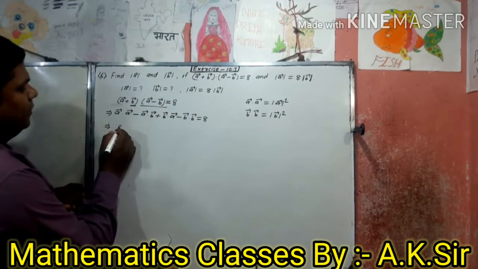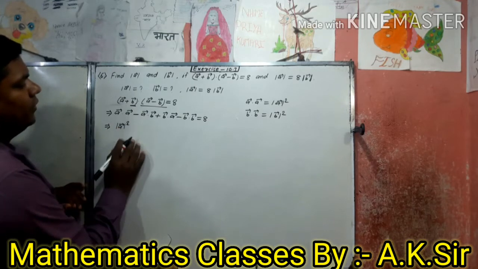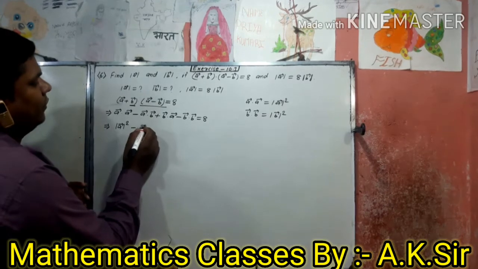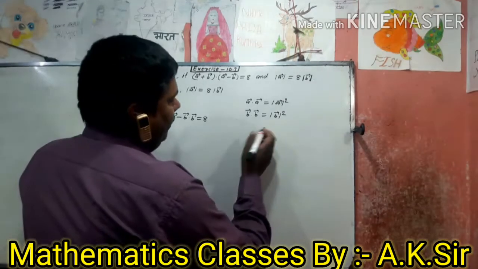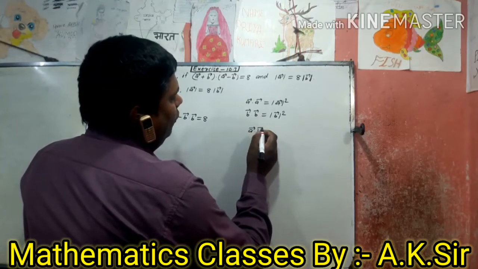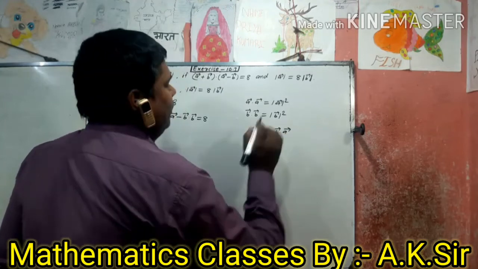Implies that here we can write magnitude of a to the power 2 minus a vector dot b vector. We have read a vector dot b vector is equal to b vector dot a vector.